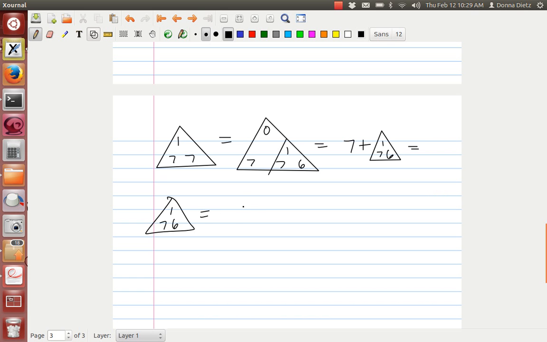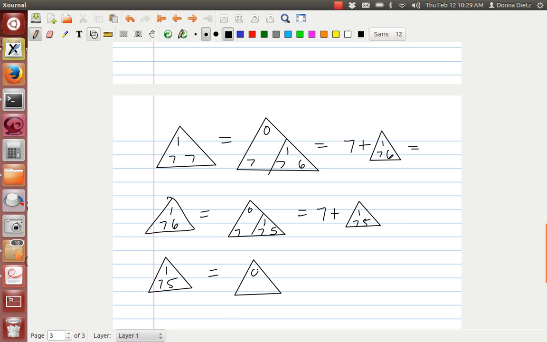But let's just figure out what is 176. Well, 176, get the 0 at the top, the 2 7s, the 6 becomes a 5, the 1 stays as a 1, so that's 7 plus the old triangle. And if you understand what's going on, you can fast forward through the video, but if you don't, you can just watch me do this.